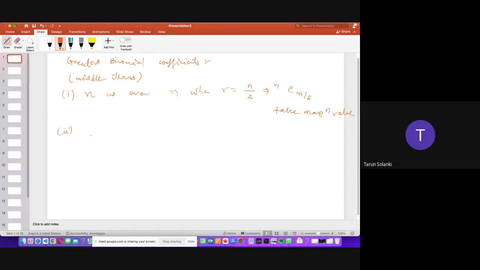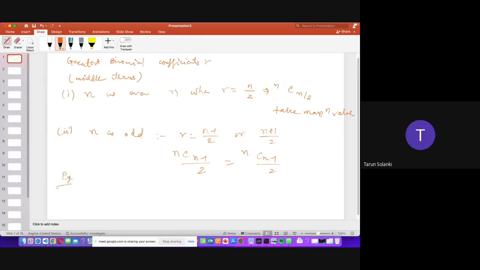Second, if n is odd, then r is equal to (n minus 1) by 2 or (n plus 1) by 2, so nC(n-1)/2 is equal to nC(n+1)/2, and it takes its maximum value.